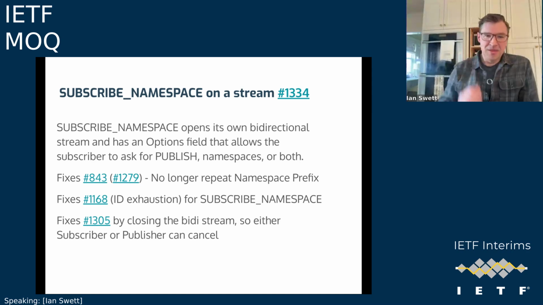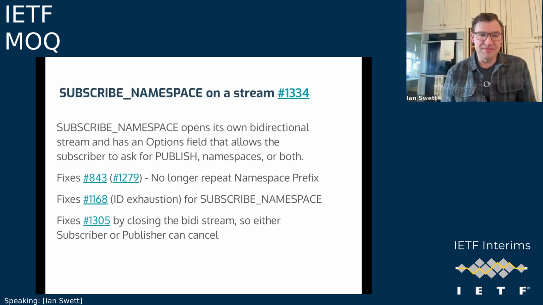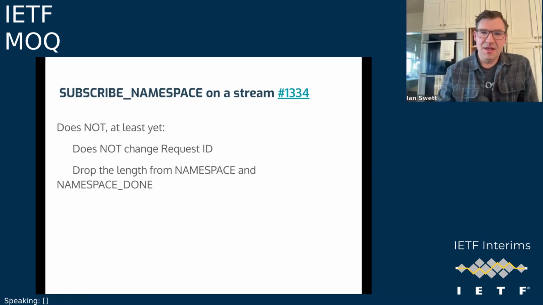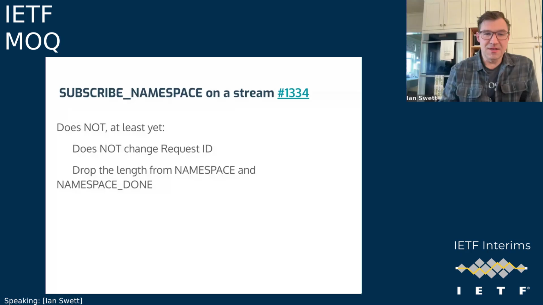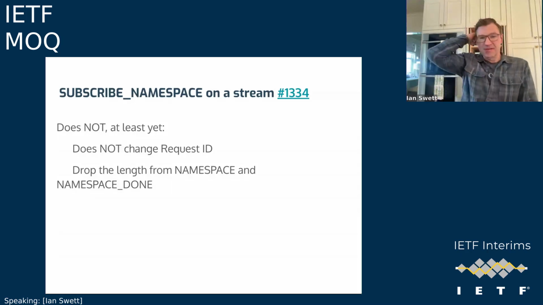So now, instead of doing unsubscribe namespace, you just close the stream, and that allows either side to close the subscribe namespace. You no longer repeat the namespace prefix, so that saves you potentially a bunch of bytes in a number of use cases. It doesn't do just those two things, but I put the two most obvious ones.